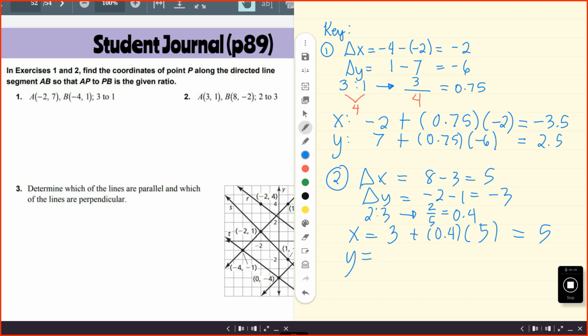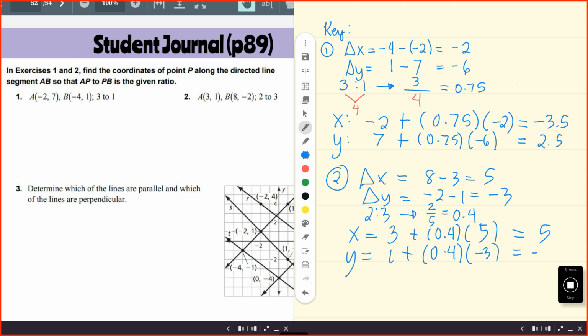So let's get the y value. So 1 plus 0.4 times negative 3. And the final answer is? Negative 1.2. Oh, I got negative 0.2 only. Okay, I'll try again. So maybe I'm the one that was wrong. It's negative 0.2.